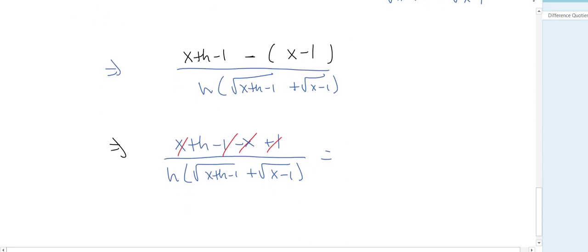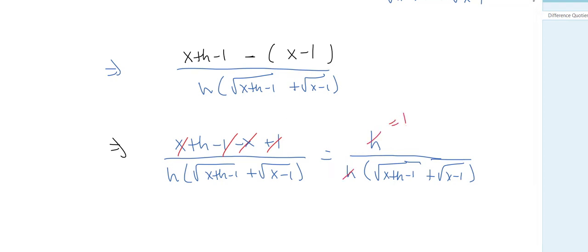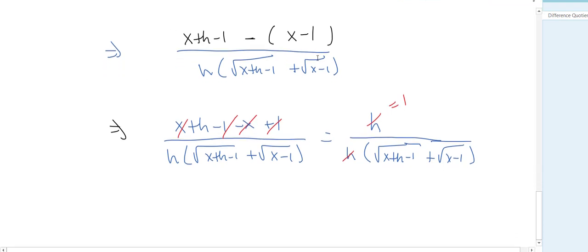So we're left with just h divided by h times our conjugate. And now we can divide out the h's. H divided by h is equal to 1. The goal was to get rid of that h on the bottom, and at this point I have divided out that h. So this becomes 1.